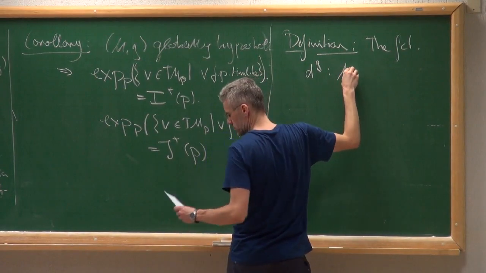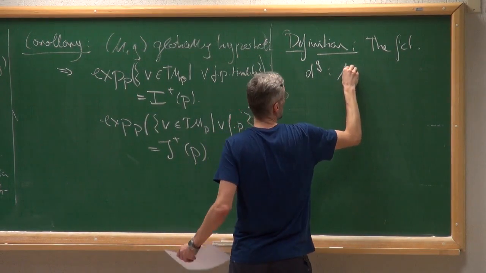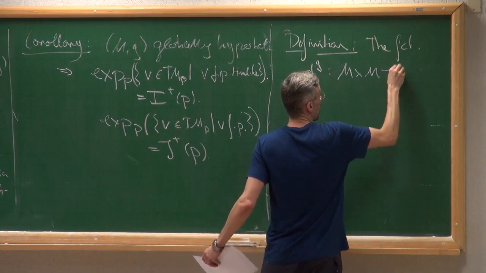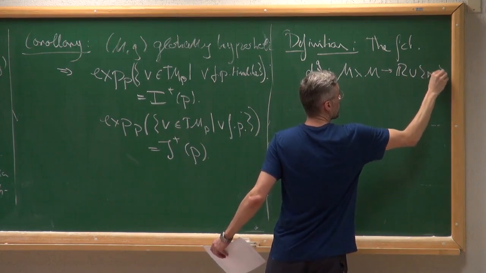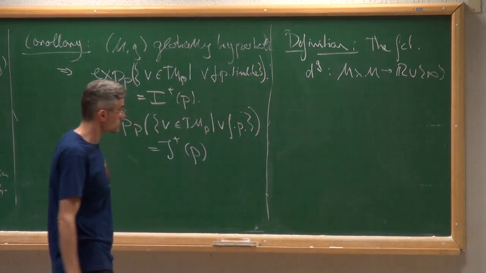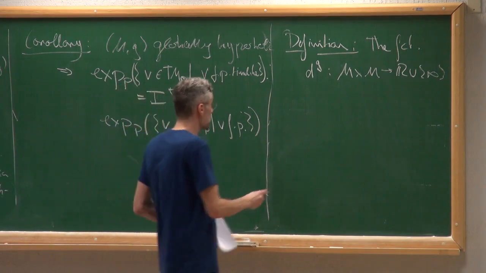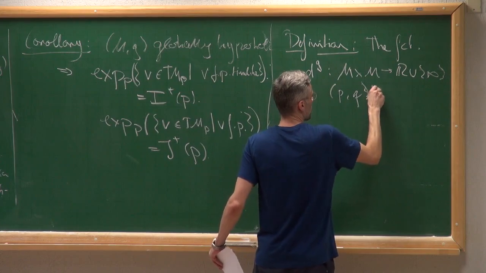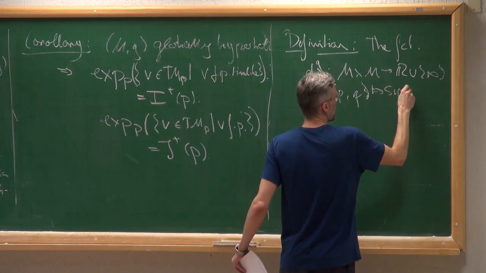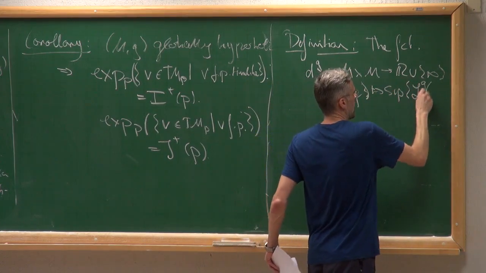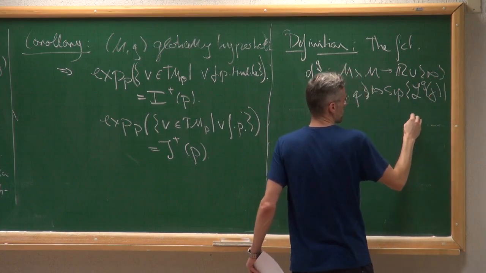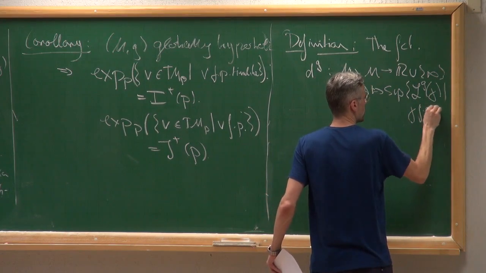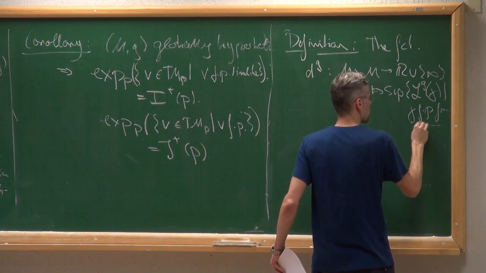It goes from M times M to R union infinity, defined as: take a pair of points P, Q, map them to the supremum over lengths of causal curves gamma future pointing from P to Q.